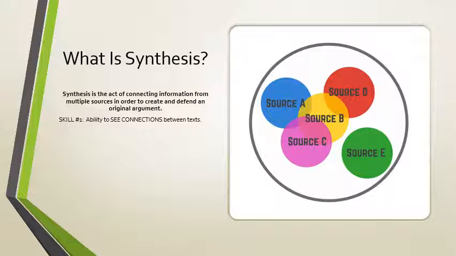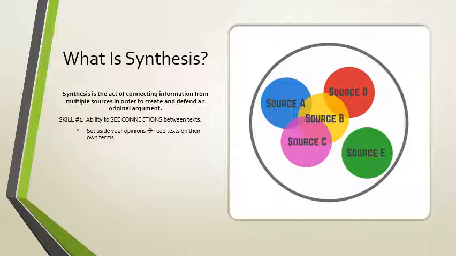Maybe if it's not one that you're reading, you're creating a single text, and then you're analyzing how that source is making use of rhetorical appeals to accomplish its purpose. In this case, you're going to need to be able to see connections between how multiple texts do that kind of thing.